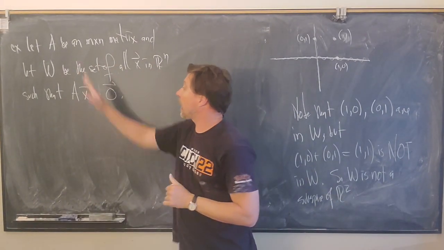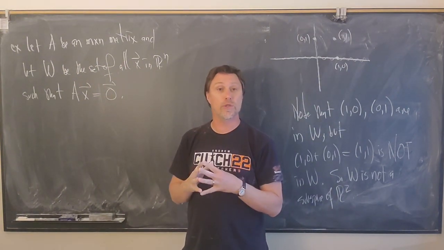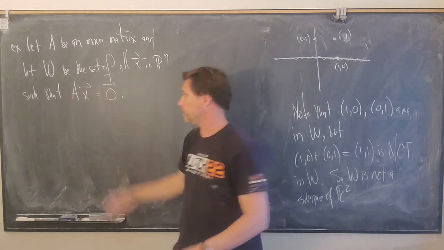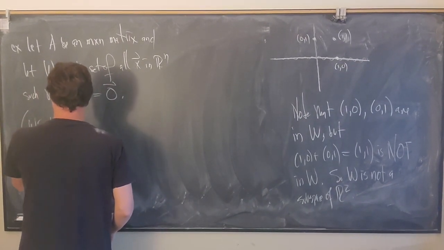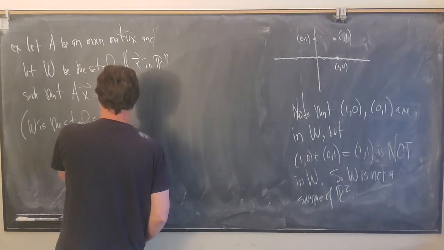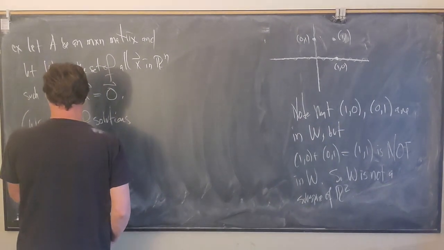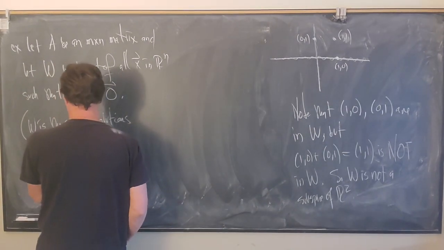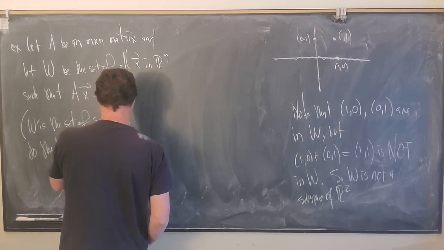So you can describe this set W in words. W is the set of all solutions to the homogeneous system. The homogeneous part is important here.